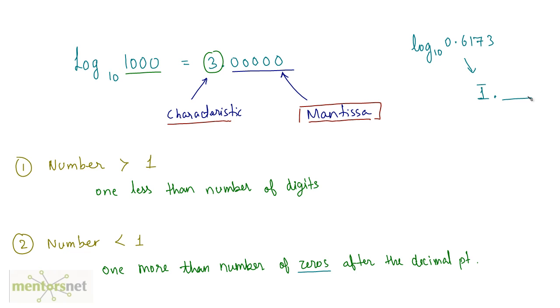The mantissa is going to come from the log table. If you have log to the base 10 of 0.061, then it is going to give you 2 bar. Why 2 bar? Because there is one consecutive 0 after the decimal point. Had there been 2 zeros, this would have been 3 bar. I hope you got the point.